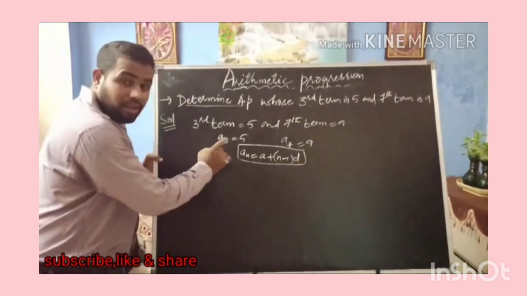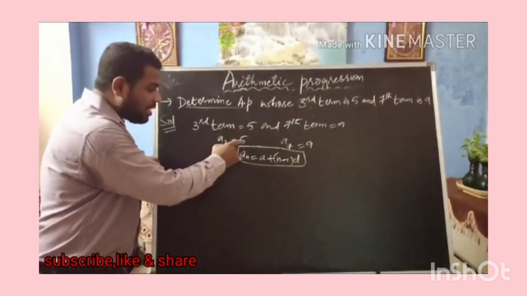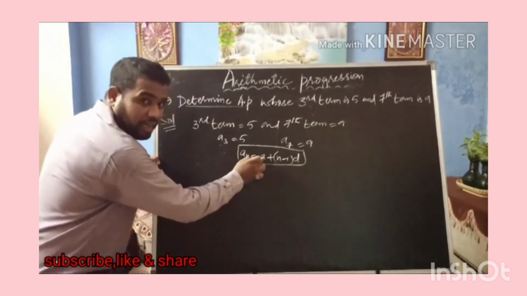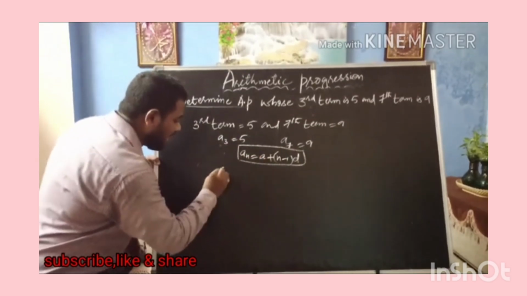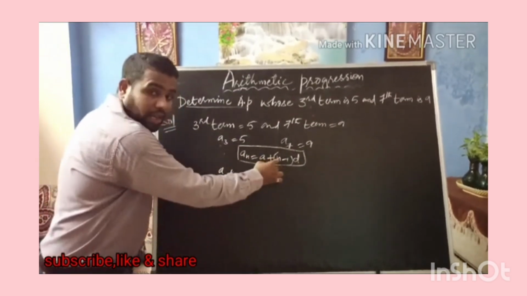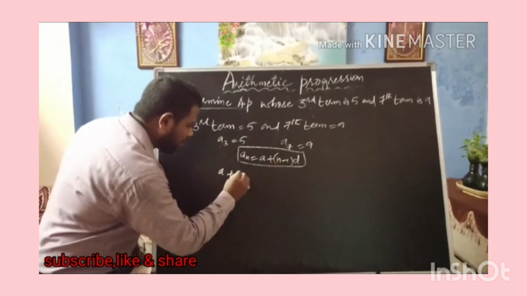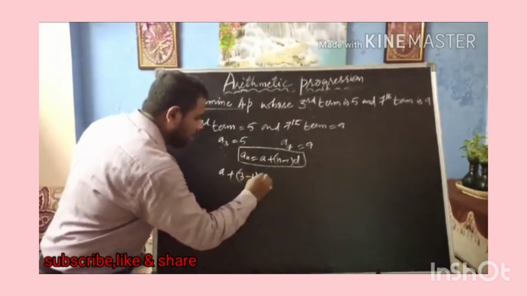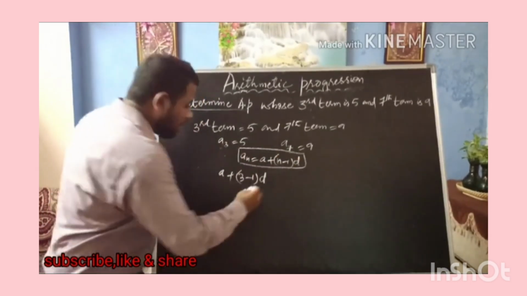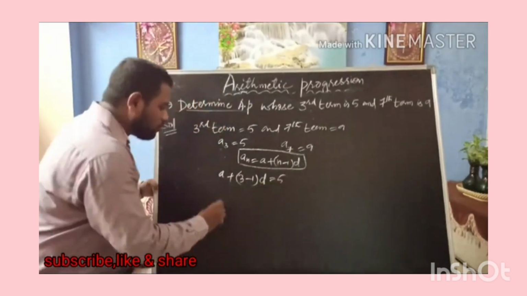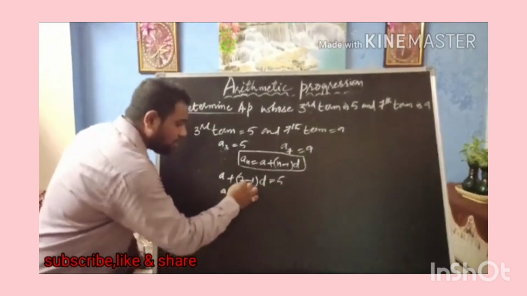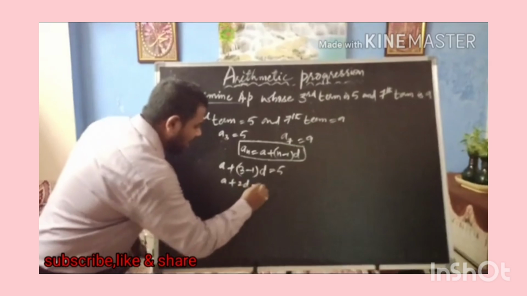So the first is what? The third term, that is given as 5. So here a is not available, so a is same as a plus, in place of n we can write what? 3, third term. So 3 minus 1 into d is also not given to us, equals to what? 5, that is right. So a plus 3 minus 1 is 2, 2d equals to 5.